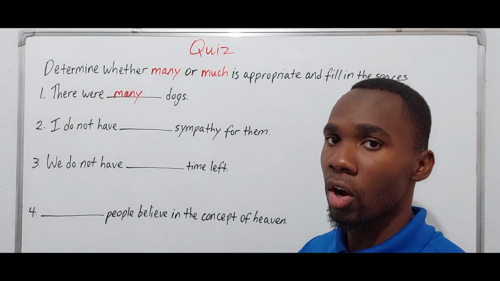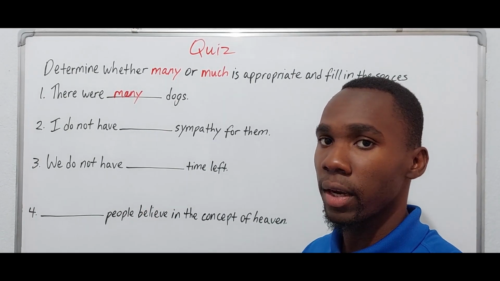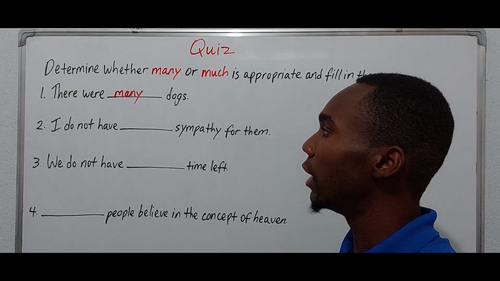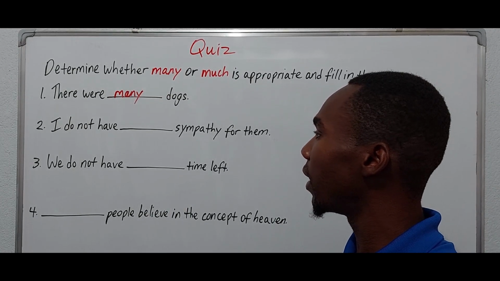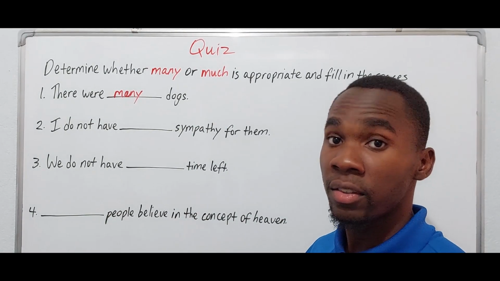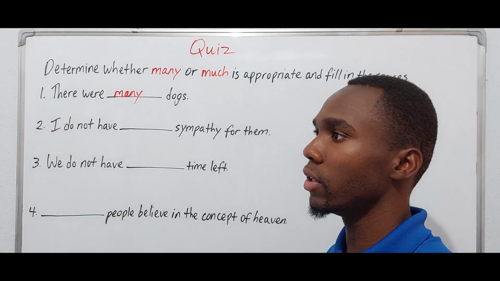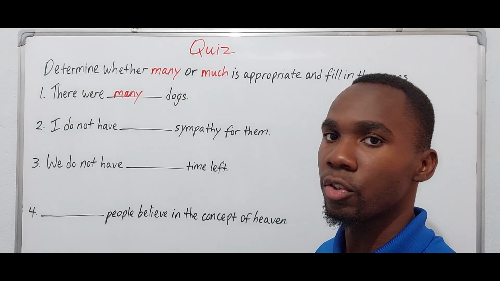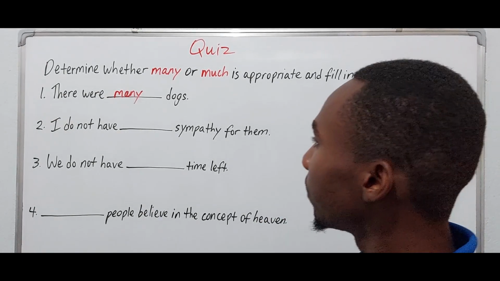You can say a dog or you can say dogs, right? So we use many. 2, I do not have sympathy for them. Sympathy would be singular, and that is a noun that you cannot count. Therefore, the answer for 2 would be much.